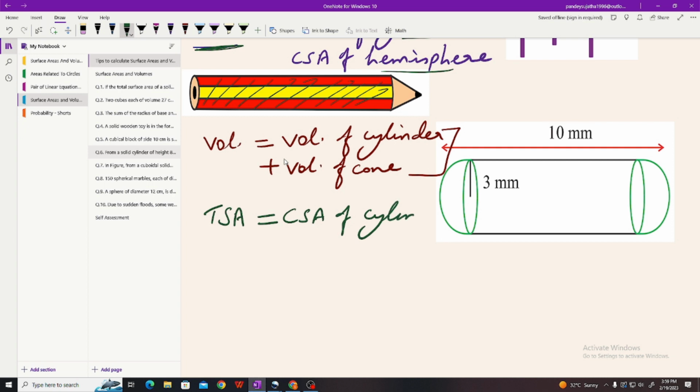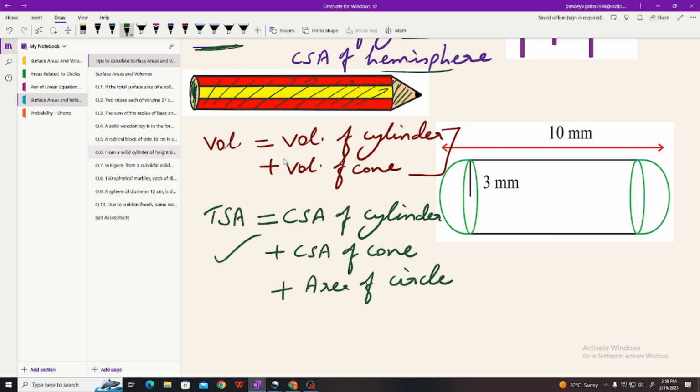So we will find the area of this cylinder. Then we are able to see the curved surface area of this cone. So add this curved surface area of cone. And we are able to see this base, circular base of the pencil. So that also is to be added, that is area of circle. So this will be the total surface area of the pencil.